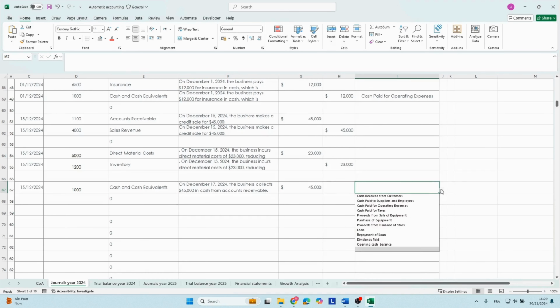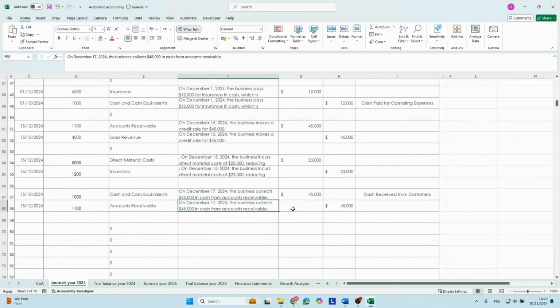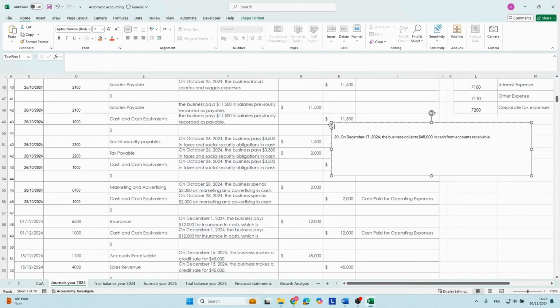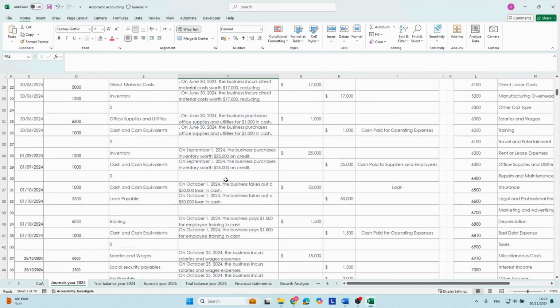In the cash type, we mention cash received from customer. The second line is the same date. So here it's account receivable, which is account 1,100. We put the same amount on credit. So here we are done with all the transactions that we have chosen for our case.